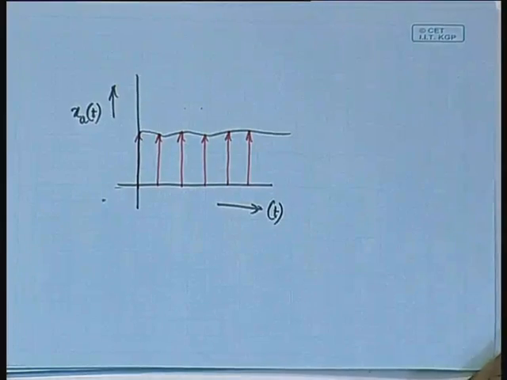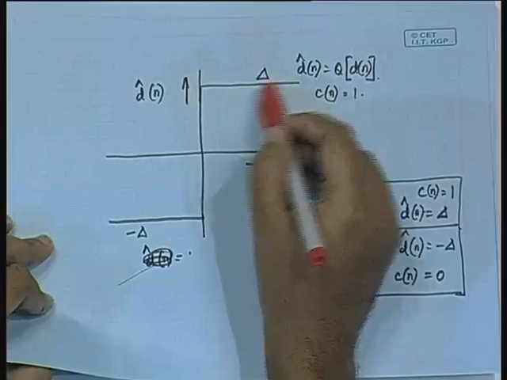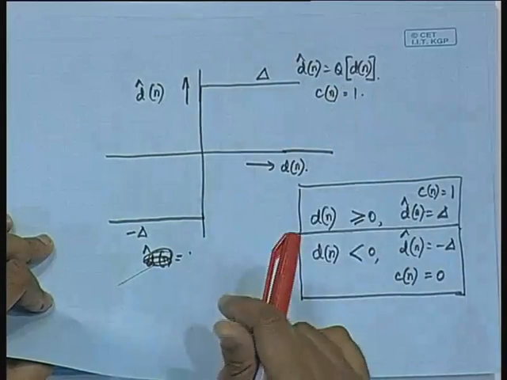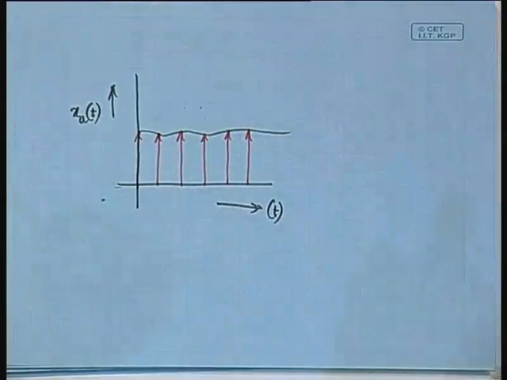And because we are having a characteristic which is like this, slightly positive or slightly negative does not matter, because it is a function like this. So, slightly negative means it immediately goes into minus delta.